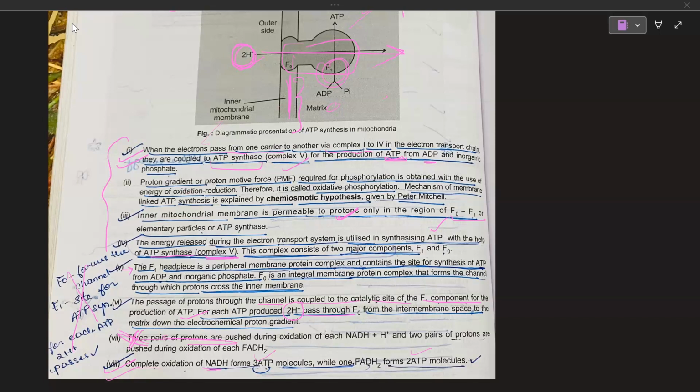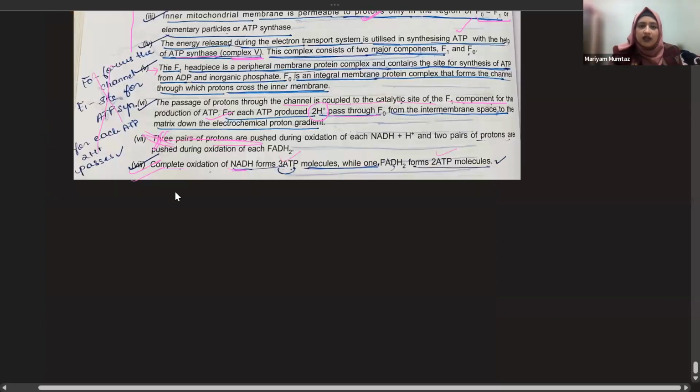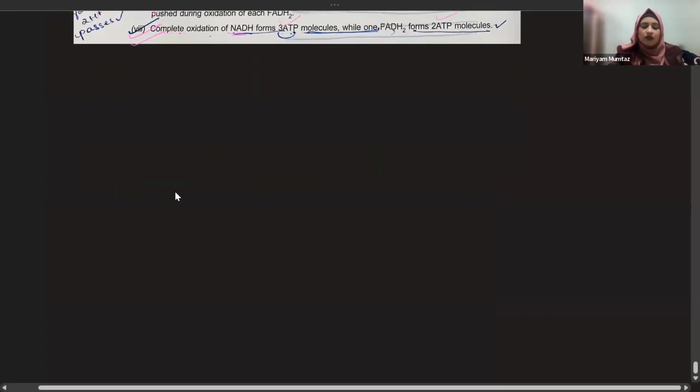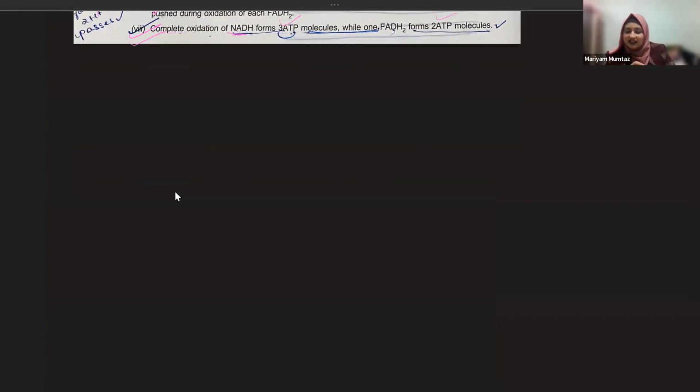Now, do you know that those who have had commerce as their stream get to make a balance sheet in accounts? Do you have any idea about that? No? Okay.